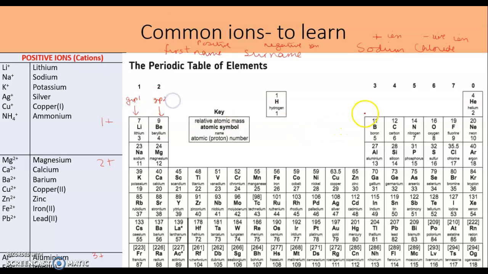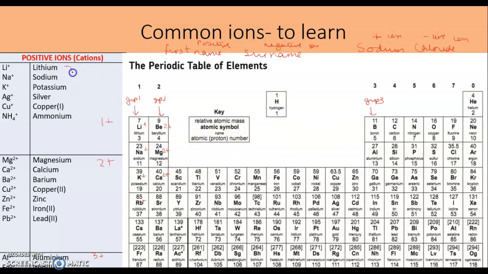The rule of thumb is for metals, we'll just focus on metals for positive ions, because positive ions form metals. Group 1 will always form 1+ charge. So they will all have single positive. Group 2 will have 2+ charge. So you will get 2+ positive ion.